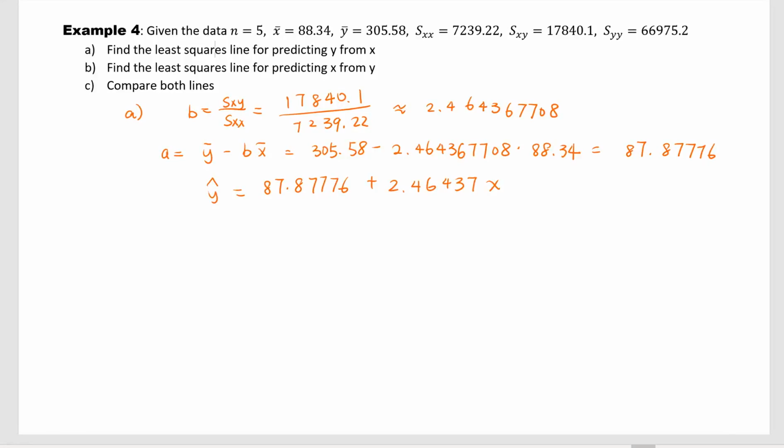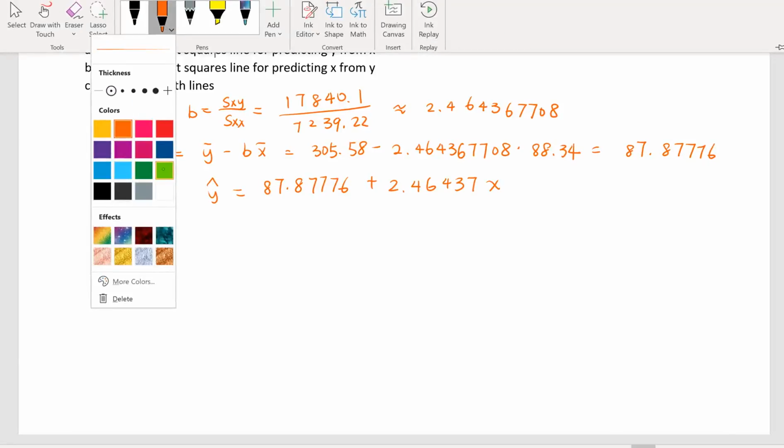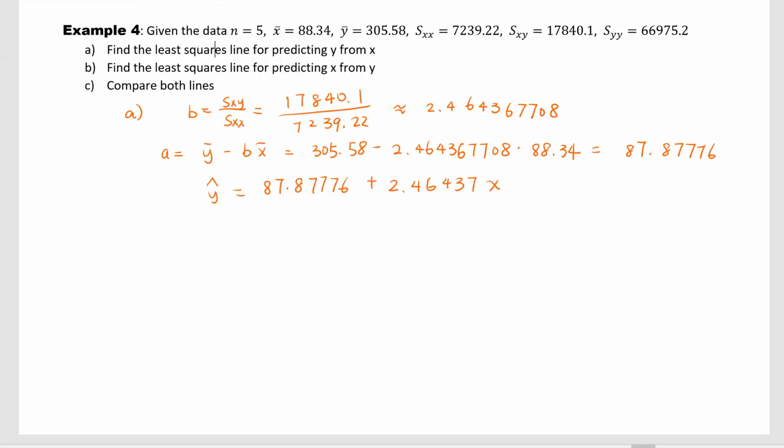This is what we have been doing. Okay, part B. Find the least squares line, the regression line, for predicting x from y. What does that mean? You consider x to depend on y, so y is now the independent variable and x is the dependent variable. It's like the roles of x and y switch.